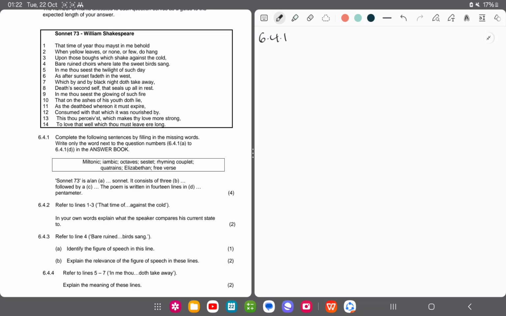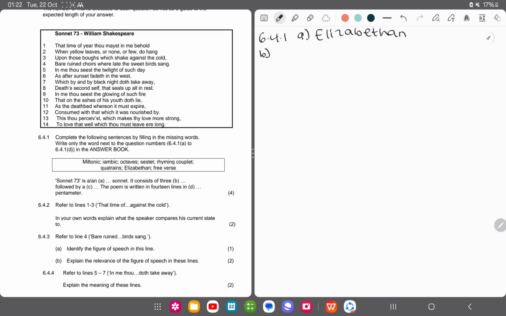So, answering the questions, let's start with A. So it says Sonnet 73 is, so we know that Sonnet 73 is an Elizabethan sonnet, right? So we'll say it is an Elizabethan. Right. Then we go to B. B says it consists of three.